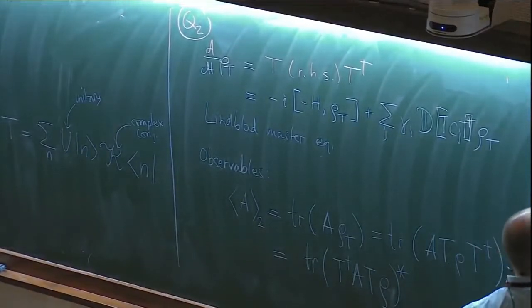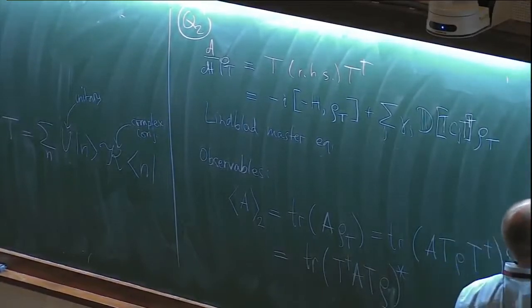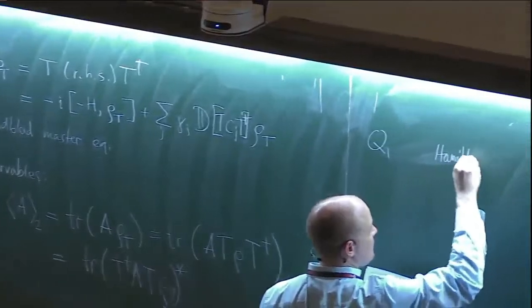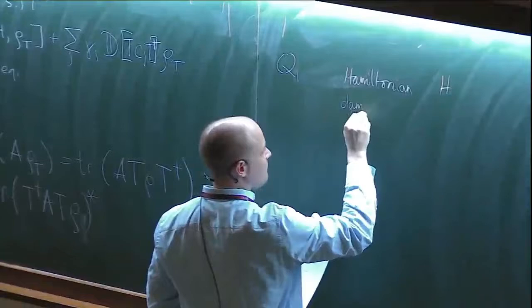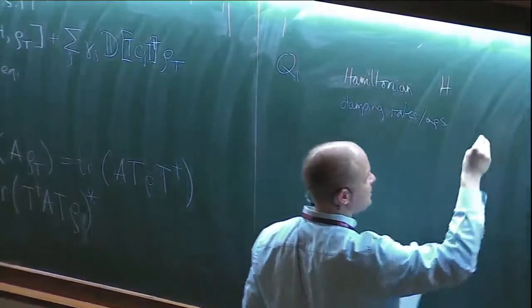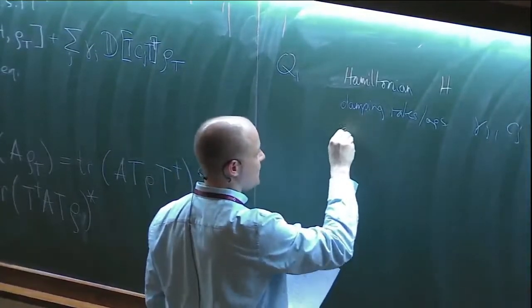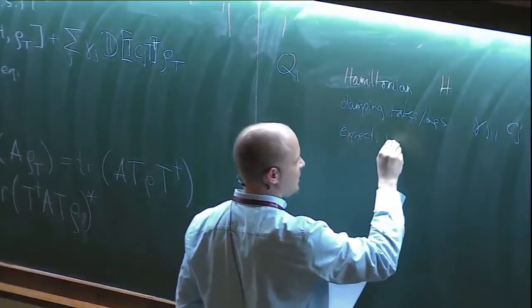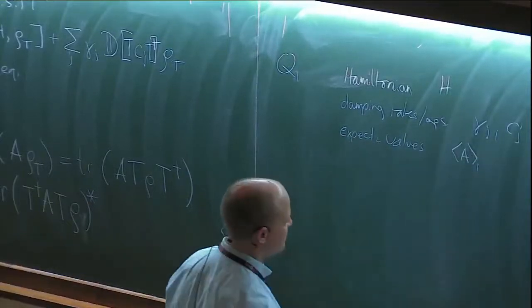So we have a system Q1 with Hamiltonian H, damping rates and operators gamma j and cj, and expectation values of that sort.